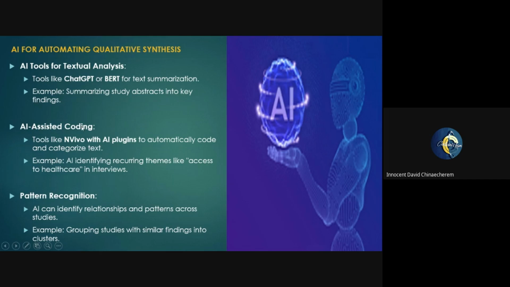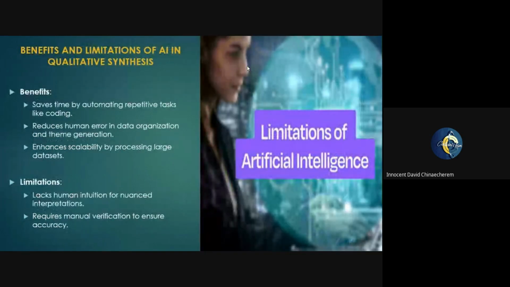We can also use AI-assisted coding, like NVivo with AI plugins, to automate our coding and categorization of our text, and we've also got lots of examples out there that we can use for pattern recognition, which can help us in grouping our studies together. So these are some of the ways that AI can help us in getting started.